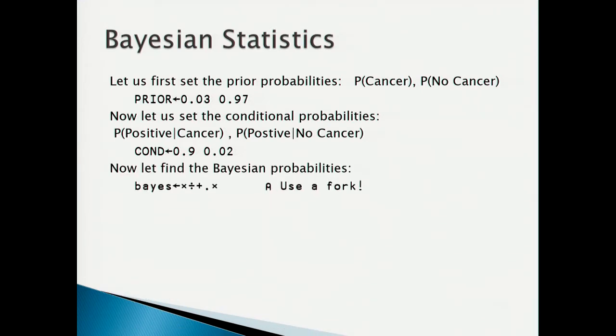So in order to find the Bayesian probabilities, you can use a fork or a 3-train. And I thought this was really kind of cool. So I wrote this function called Bayes, and basically it's times divided by plus dot times.